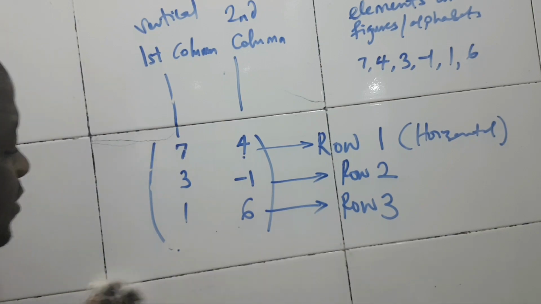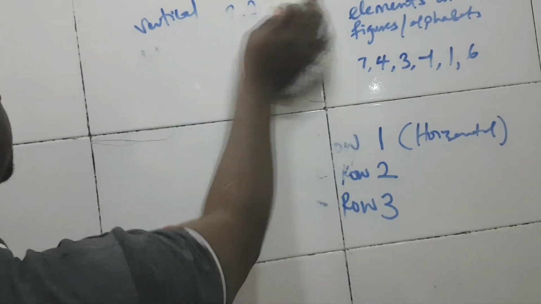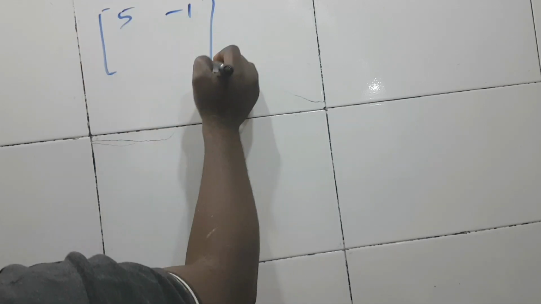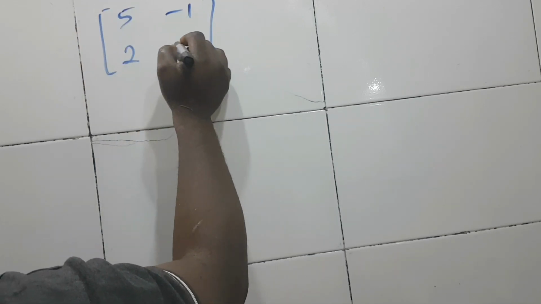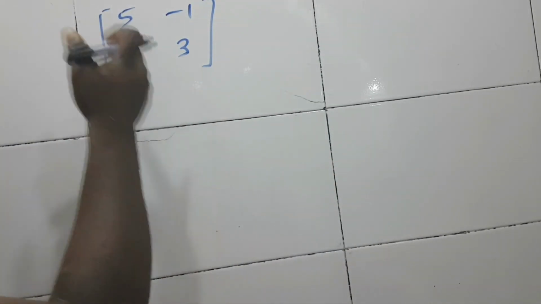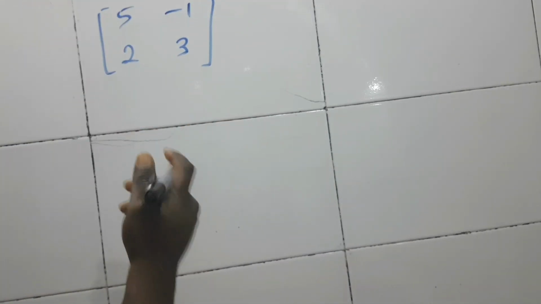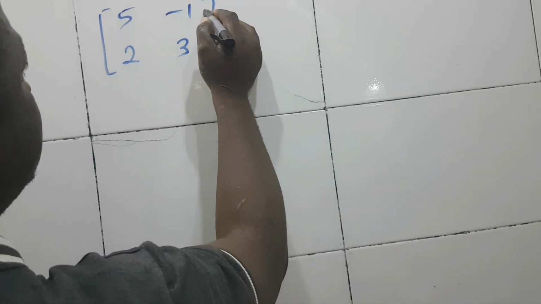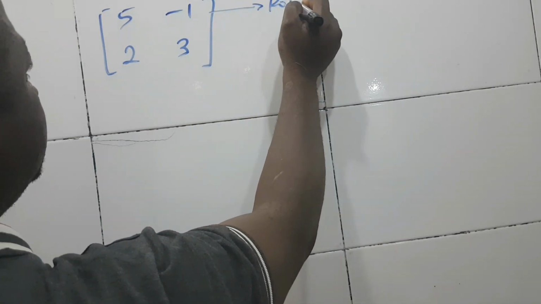So the next we're going to do just a few examples. I can have 5, minus 1, 2 and 3. And this could be asked, what is the order of this? Like I said, how many rows do we have? This is row 1.